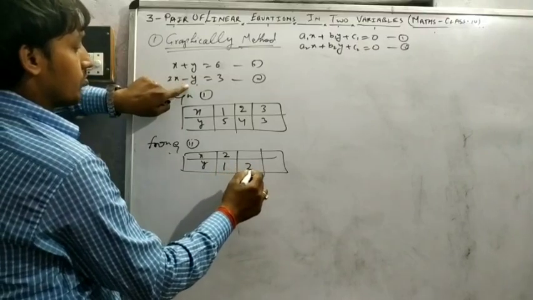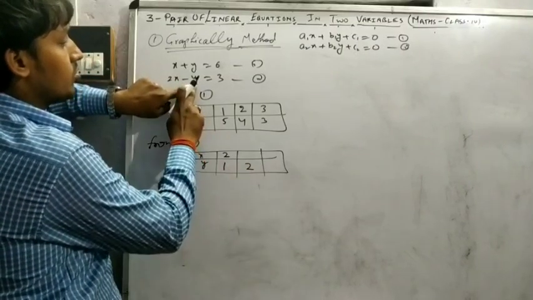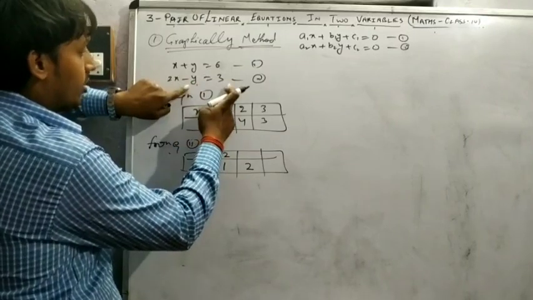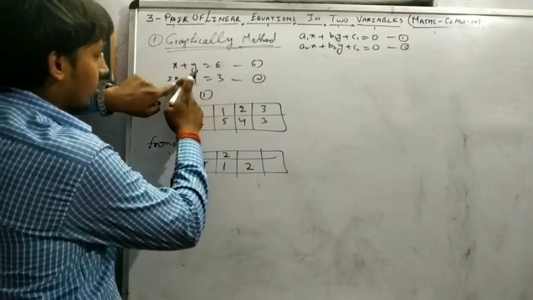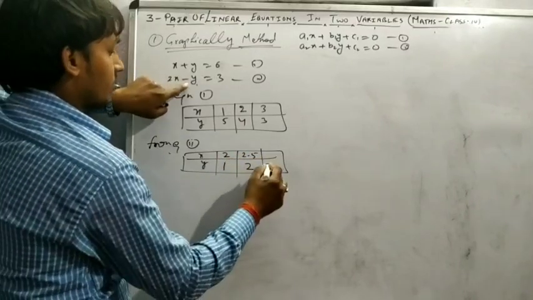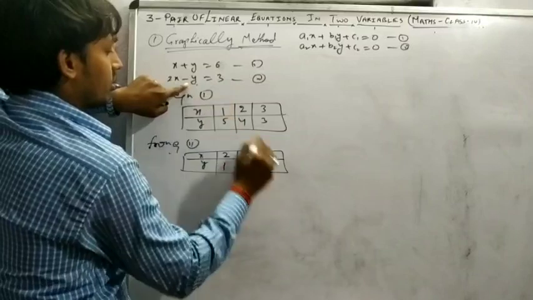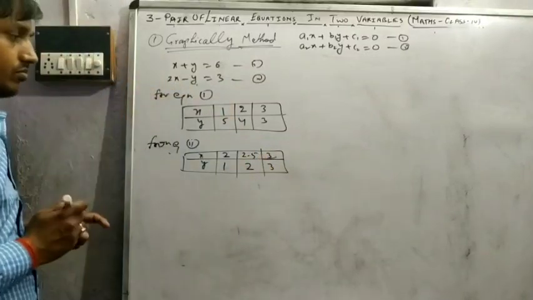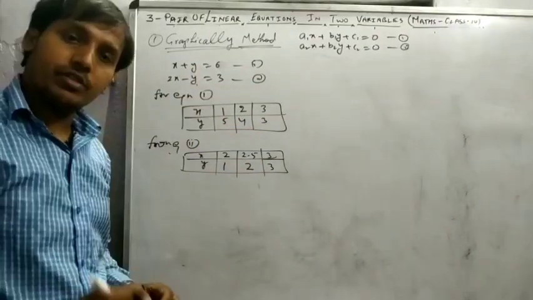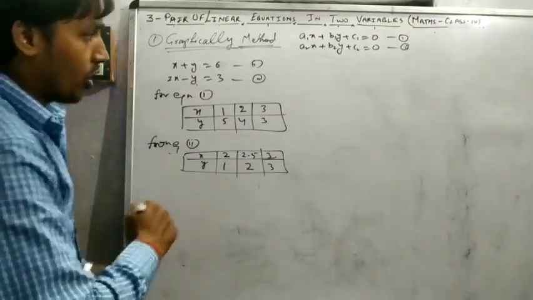Y equal to 2, set opposite side, that means 3 minus 2 plus 5 upon 2, 2.5. Y equal to 3, 6, 3. So you get 3 solutions from both equations, then plot them.